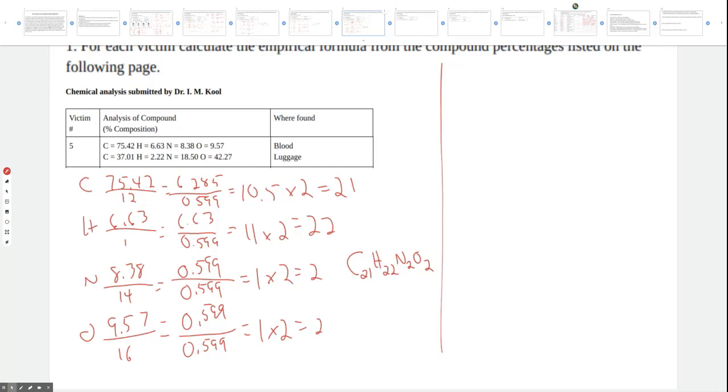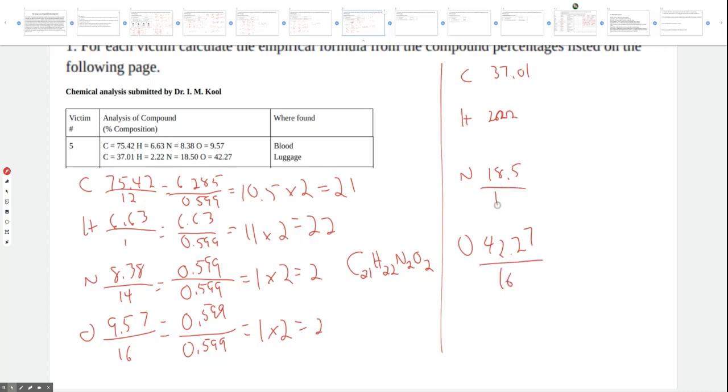Second compound is C37H22, 2.22, 18.5, and 42.27.